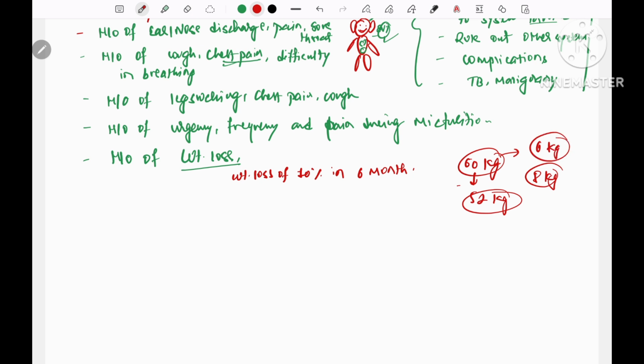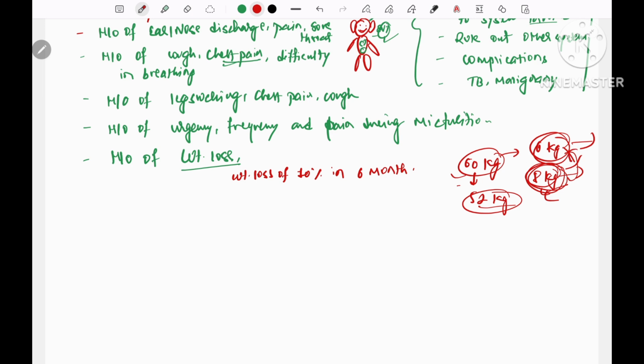So in 6 months there is a weight loss of 8 kg, which is more than 10%, more than 6 kg. So this is significant weight loss. If the patient had 60 kg in the past 6 months and now has 52 kg, then there is a difference of 8 kg, and 6 kg is 10%. So 8 kg is more than 10%. So there is significant weight loss.